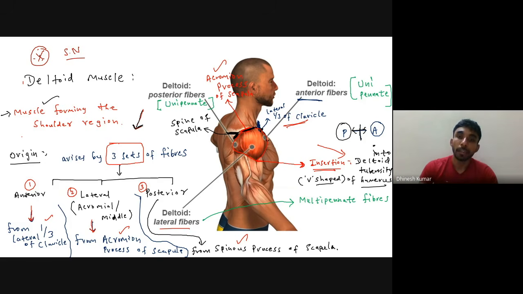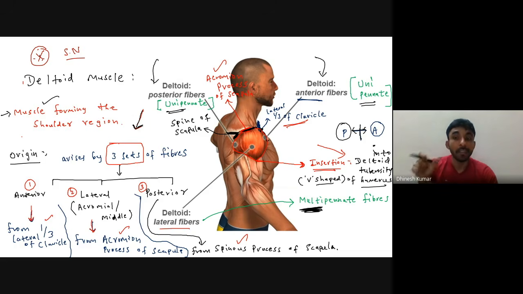Fine. And please remember, out of these three sets of fibers, anterior fibers and posterior fibers are both unipinnate fibers. What about the middle or acromial fibers? They are multipinnate fibers. So what is the importance?